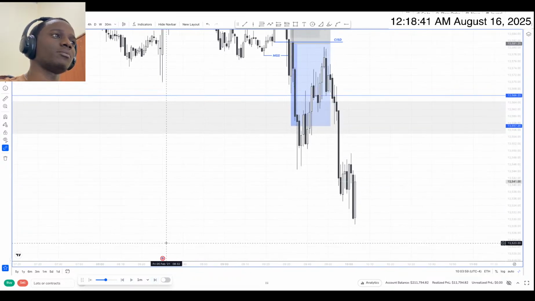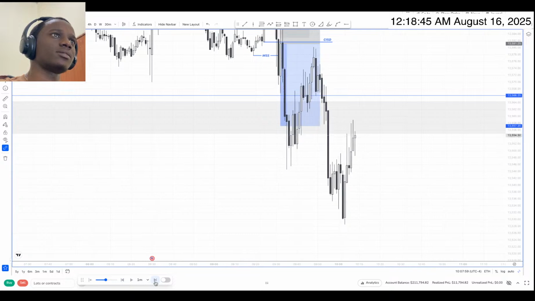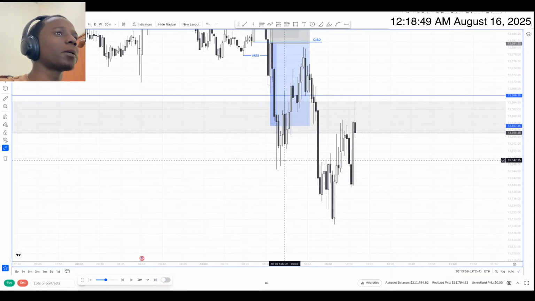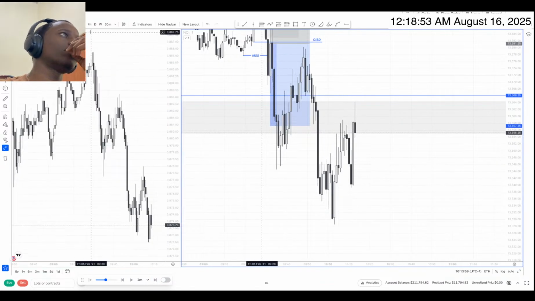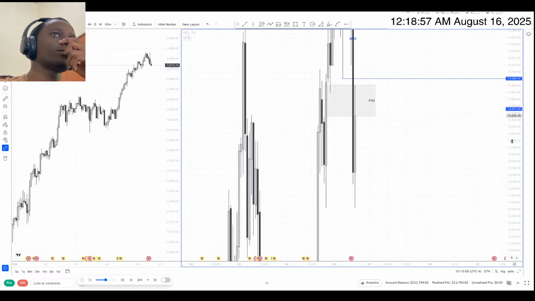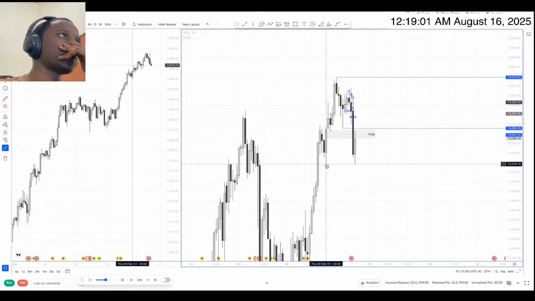Market continues dumping lower. So we're forming an SMT. I don't know if we're in any kind of POI here. Well, this gap here, we're forming equal lows.